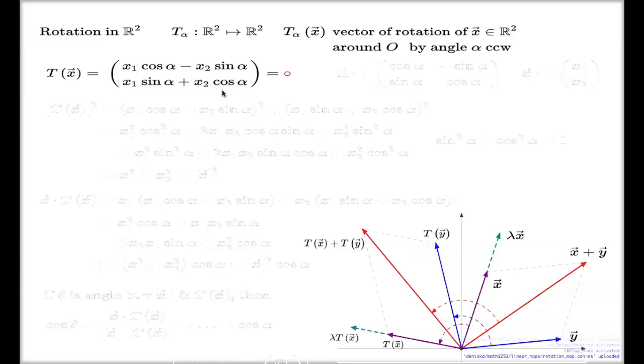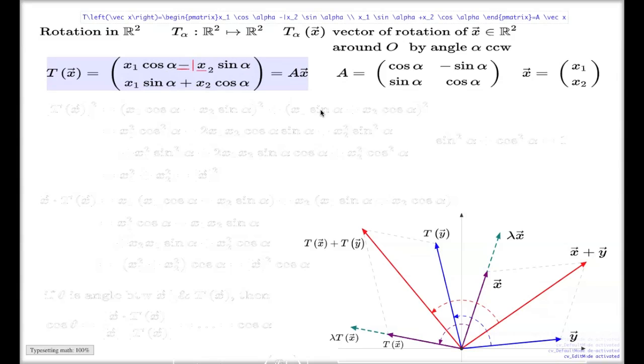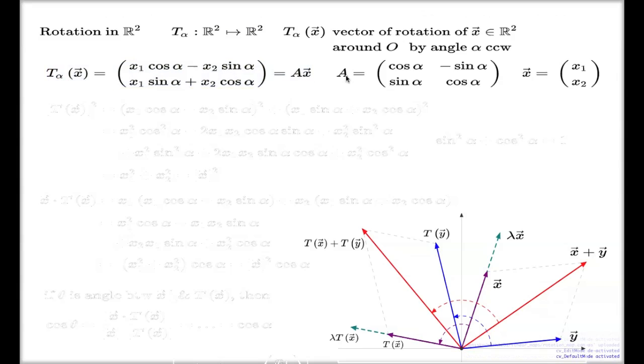And actually, this is a linear map straight away if I make a reference to what we discussed on the slide before, because this is simply the product of the matrix A and the vector x, where the matrix A is cos alpha, negative sine alpha, sine alpha, cos alpha. Let me reflect the dependence on alpha here. Strictly speaking, I have to reflect the dependence in the A matrix as well, but probably I will leave it out. So here we go.